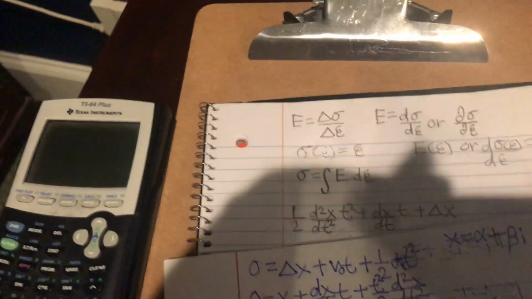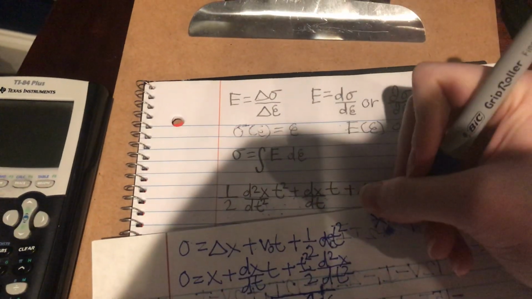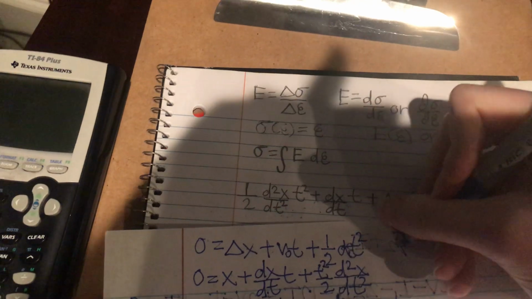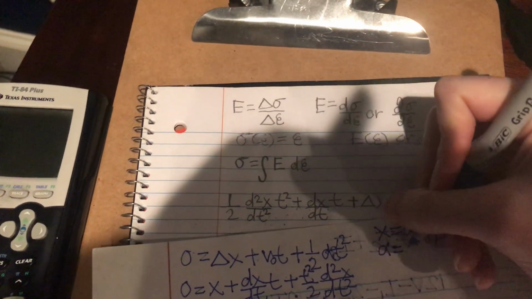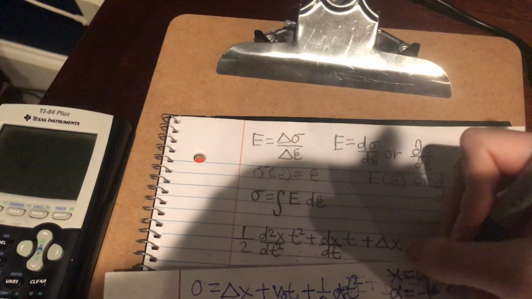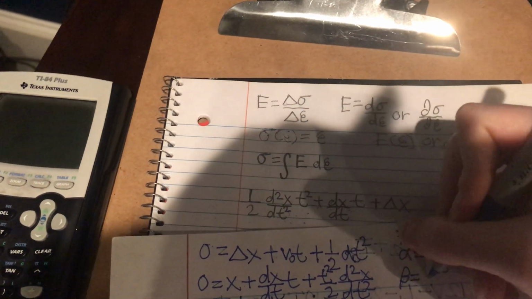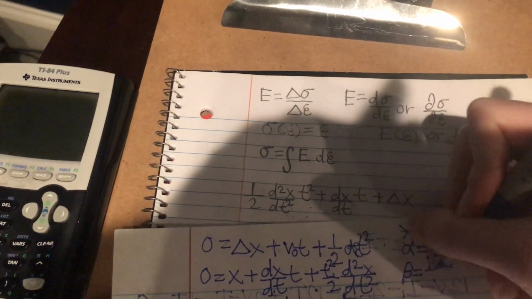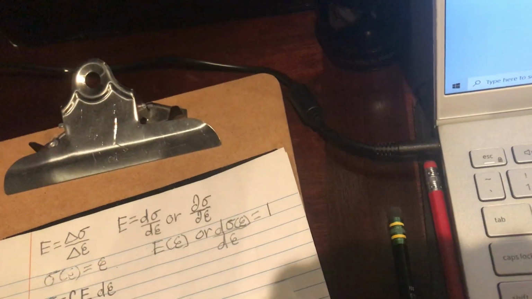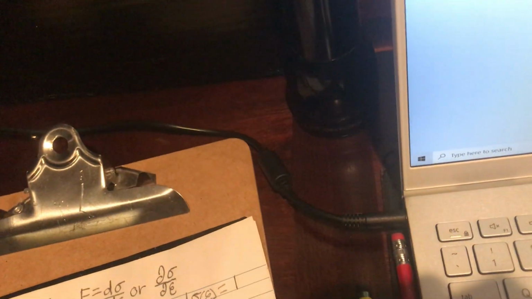So e to the negative 1, so alpha. As a reminder, I'm going to state my alpha and beta. Alpha is 1 over t, beta is i over t.